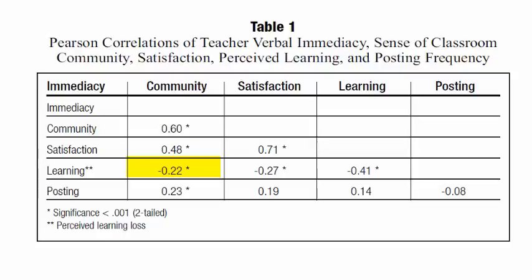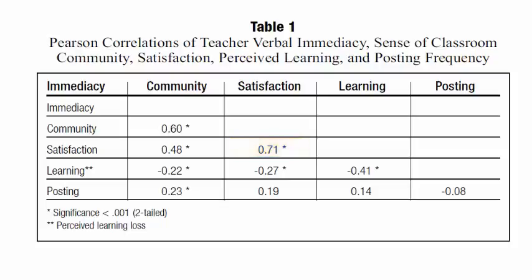That means there's some overlap between learning and community, but it's not a strong relationship, even though it's statistically significant. In contrast, if you look here, satisfaction to satisfaction, this is a high correlation. 0.71 is closer to 1.0 rather than 0, and it is statistically significant.